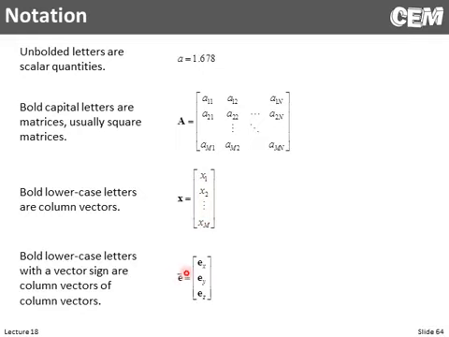A lowercase bold letter with the vector symbol over it is a column vector of column vectors. And the arrow indicates that the constituent column vectors are actually x, y, and z components. We have vector information here. But this is still a column vector, just 3 times larger than any one of the constituent column vectors. So that's the notation for the variables.